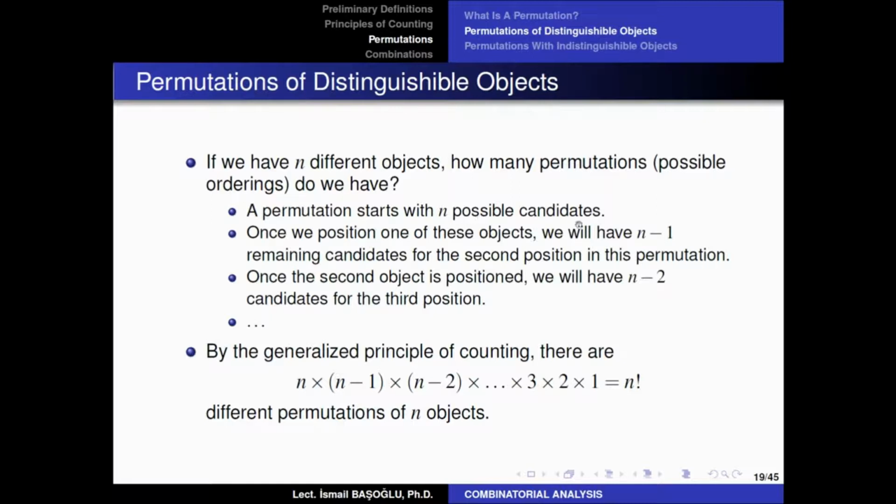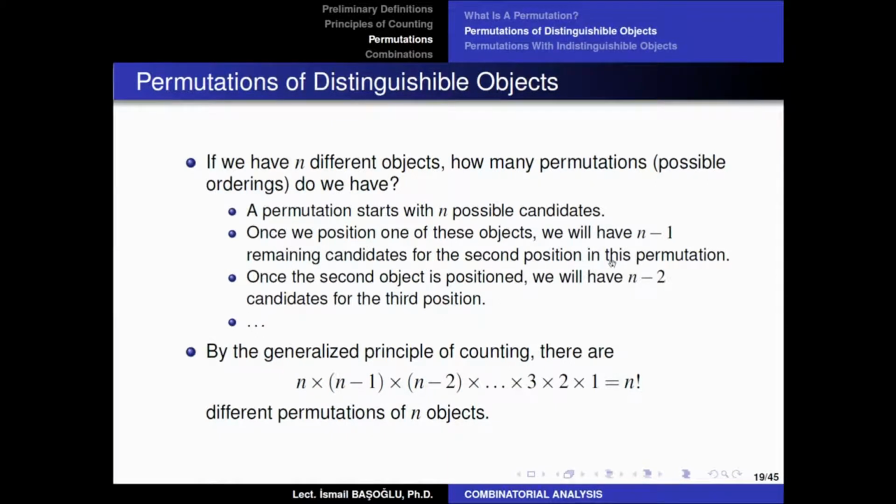So there are n possible candidates to determine the first position. Now, once I position one of these n objects into the first position, to determine the object to be positioned in the second position, I will have n minus 1 remaining candidates because one of them is already positioned.